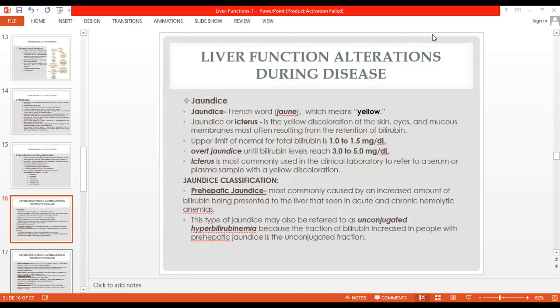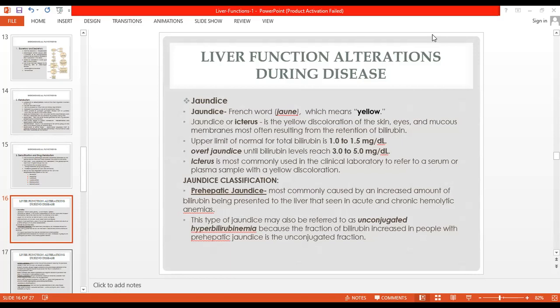A hemolytic anemia causes an increased amount of red blood cell destruction and the subsequent release of increased amounts of bilirubin presented to the liver for processing. The liver responds by functioning at maximum capacity. Therefore, people with prehepatic jaundice rarely have bilirubin levels that exceed 5.0 milligram per dL.